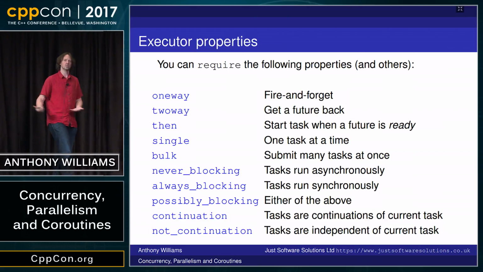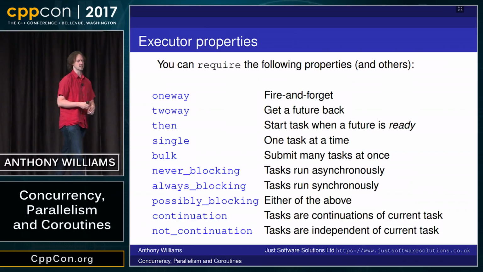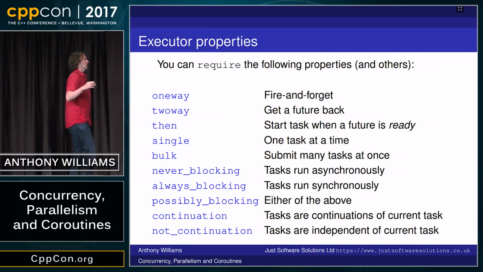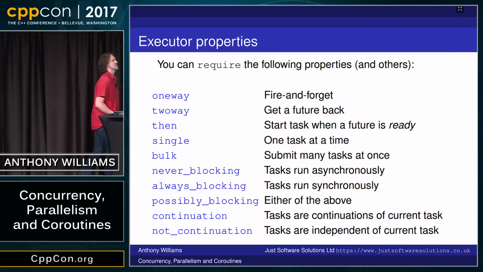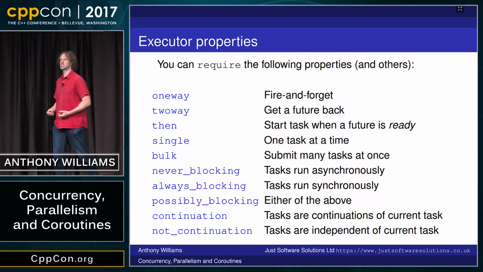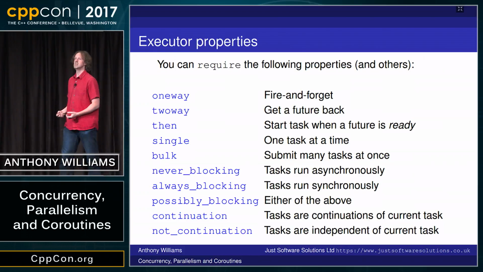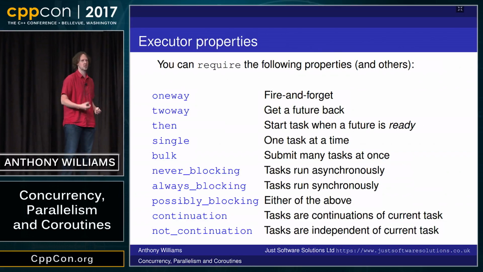So this works with the continuations from the Concurrency TS. I only want to pass in one function at a time. I want to pass in a whole bunch of functions at a time in order to bulk execute things, because then you don't have the overhead of filling up your task queue one at a time.